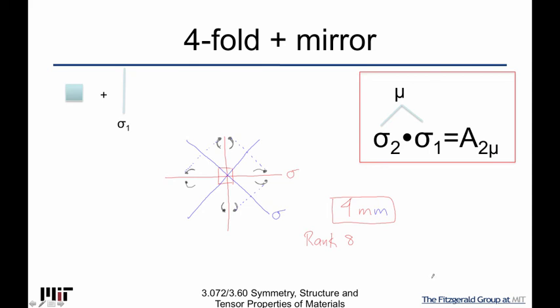So again, if I were looking at the group theory and were to write it out in the brackets, I would have 4 rotation objects and 4 reflections, and that creates 8 objects. So I have 8.